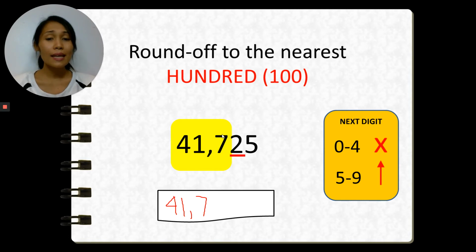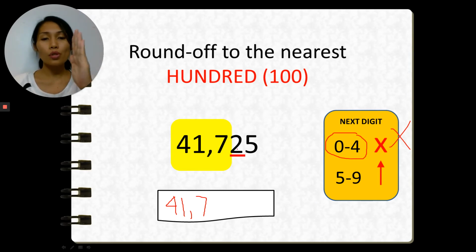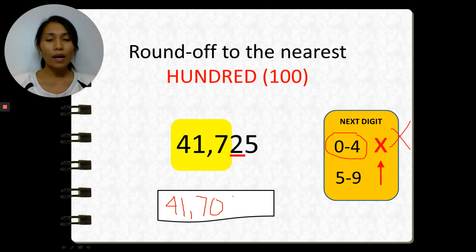Okay, since the next number is 2, where does it belong here? Okay, so we do not need to do anything. So what we did here is just copy, and then change all the numbers to the right to 0. So 2 will become 0 and 5 becomes 0. So that's it. 41,700.